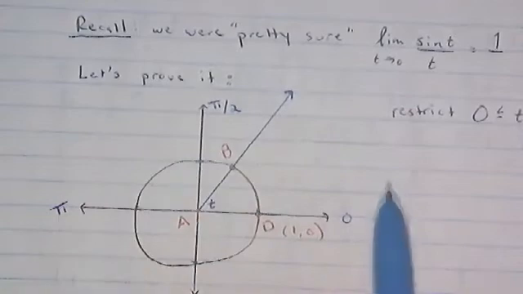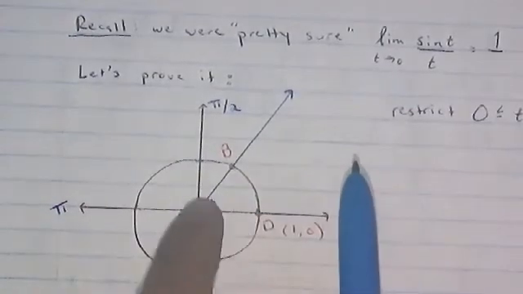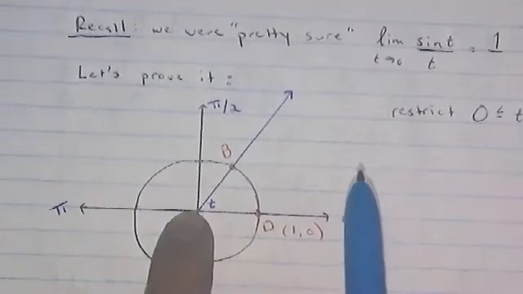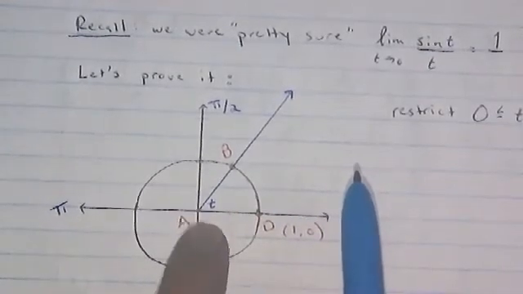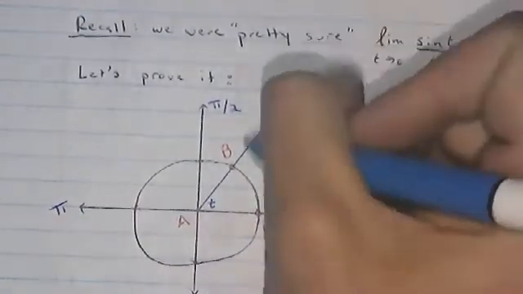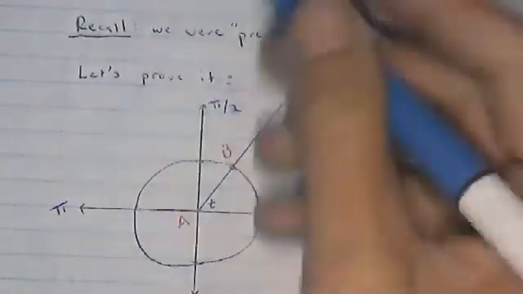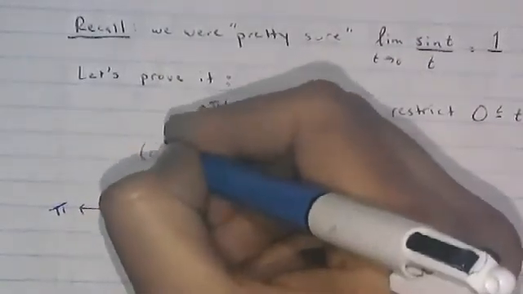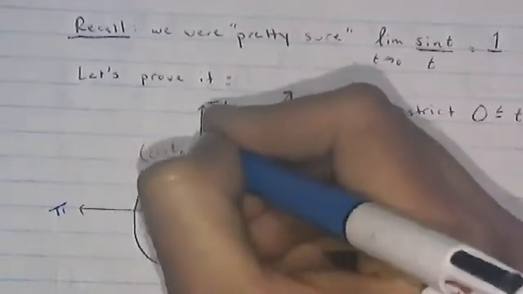Every point around the unit circle is given by the cosine of t for the abscissa, the x coordinate, and the sine of t for the y coordinate. So B is, I'm gonna write it to the left, cosine of t, sine of t.